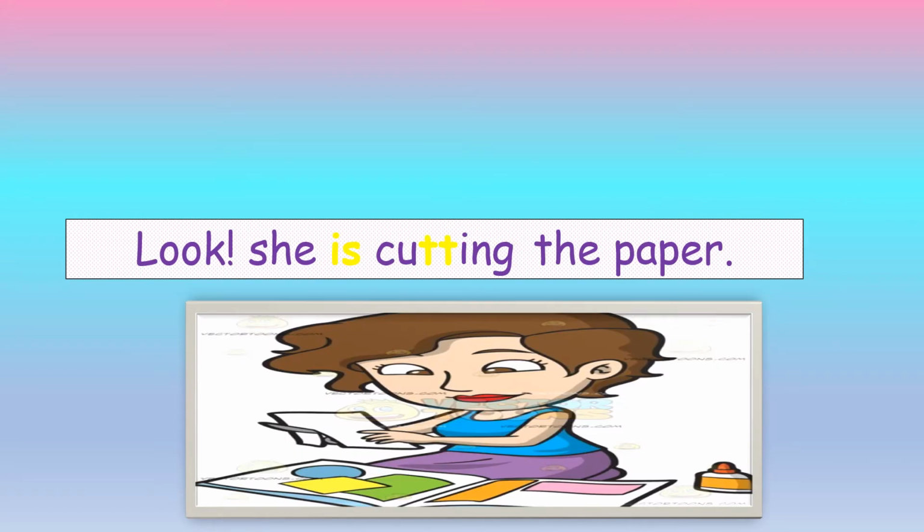Okay, number two, look at the picture. What is she doing? Look, she is cutting the paper. So, look is a keyword. She is the subject, is verb to be, and then cutting. Why do we double the T here? So we have another spelling rule.